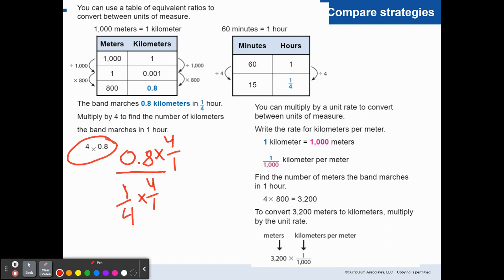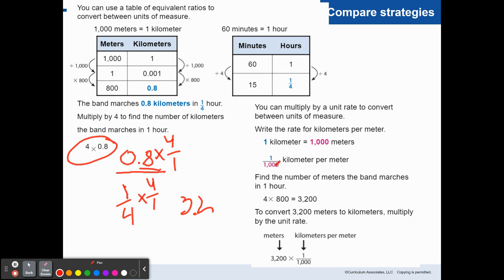8 times 4 is 32. And there's one decimal place value in this, so 3 2/10. You can multiply by a unit rate to convert between units of measurement. Write the rate for kilometers per meter. 1 kilometer equals 1,000 meters, right?